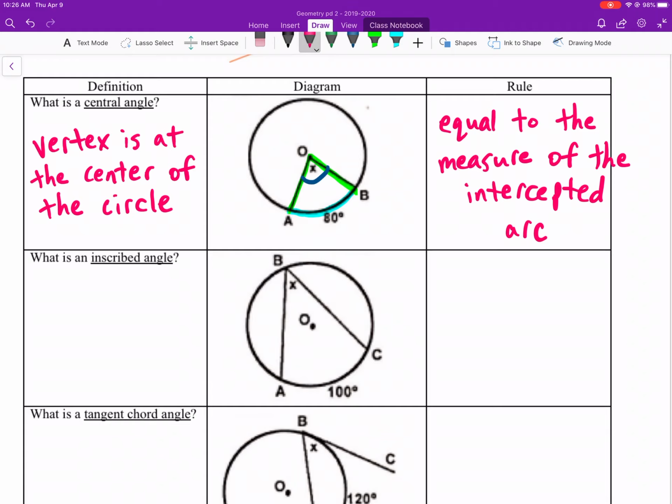Intercepted arc is just the arc that's being hit by the two lines. So here, the measure of x, the central angle, is equal to the intercepted arc. Right now, the intercepted arc is 80 degrees, so the angle on the interior is also 80 degrees.